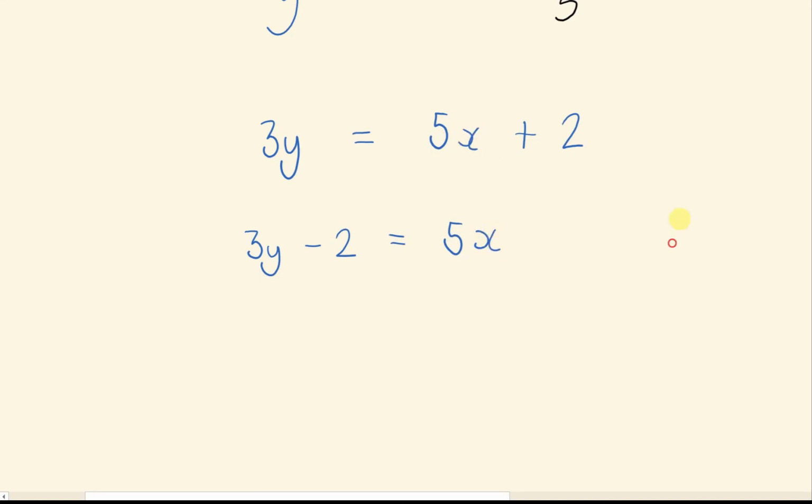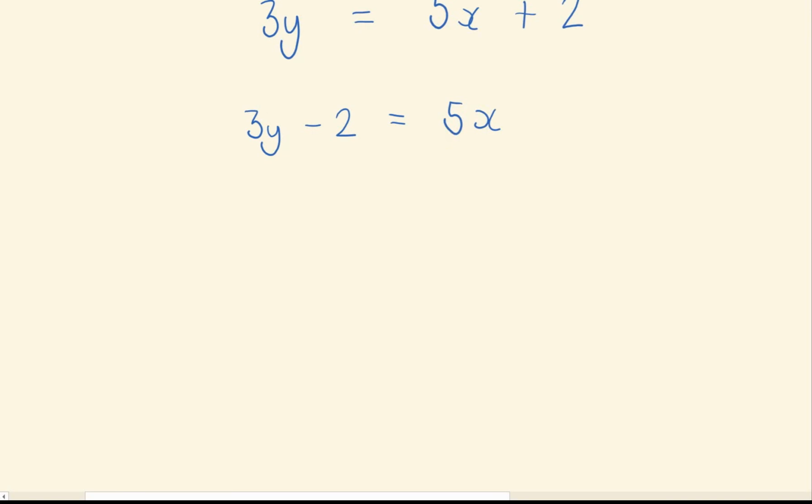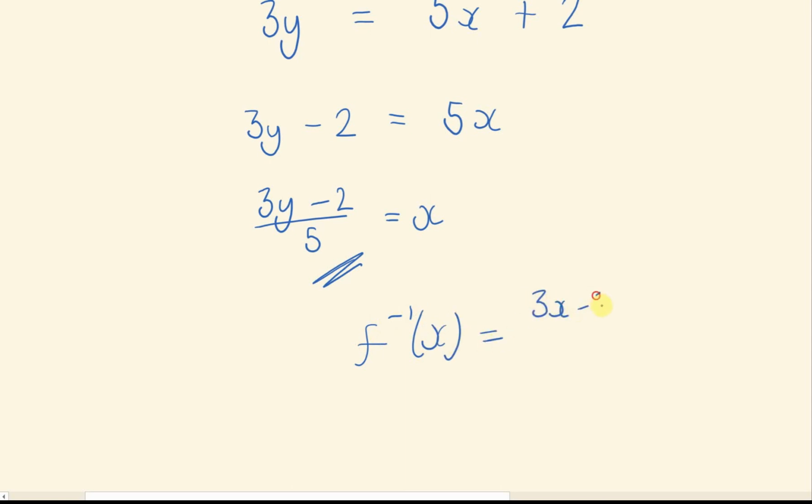And lastly, the opposite of times by 5 is going to be dividing by 5. So 3y minus 2 all over 5 equals x. And then we're done. This is my inverse function. And for my final step, we need to replace the y back with an x. So 3x minus 2 all over 5.